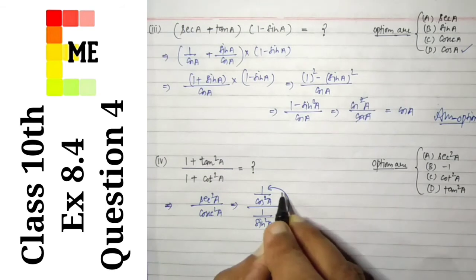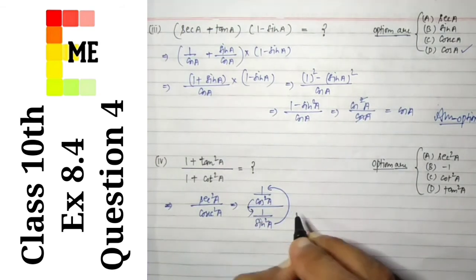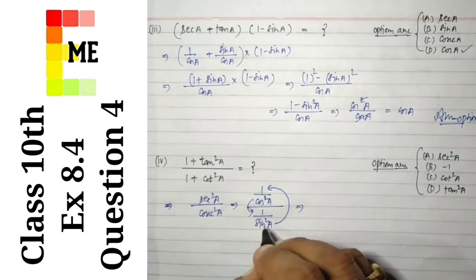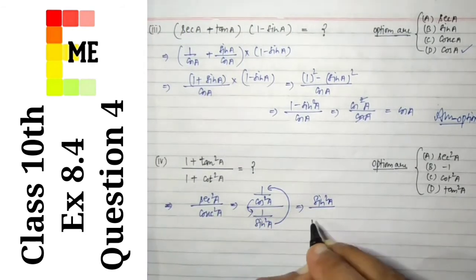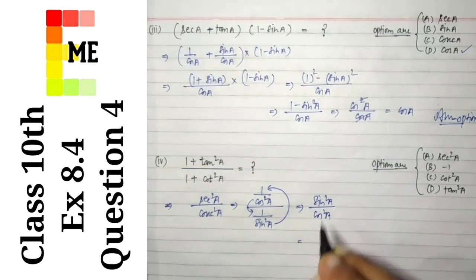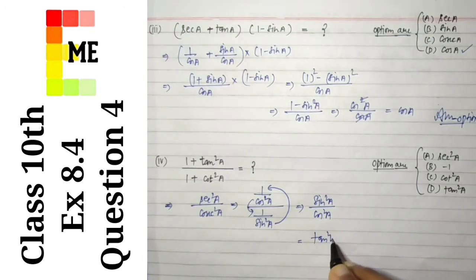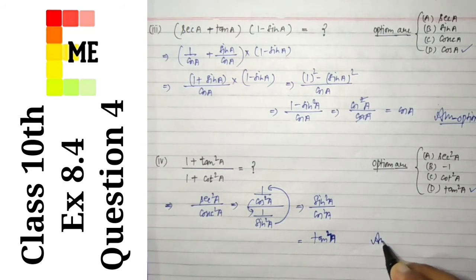We multiply the extremes and means. This gives us sin square a into 1 is sin square a, and cos square into 1 is cos square a. So sin square a upon cos square a is tan square a. The correct answer is option D. So that's all for this question. Thank you very much.